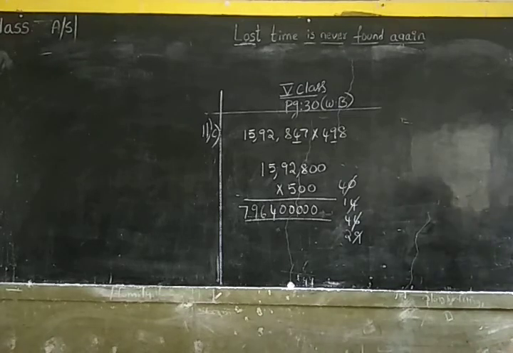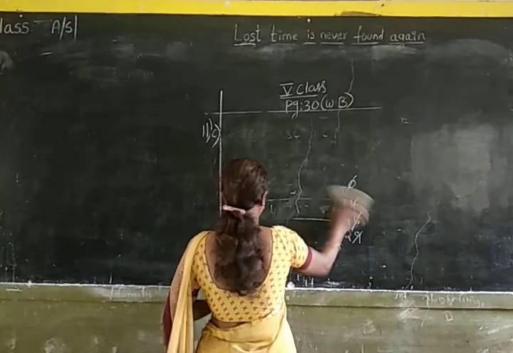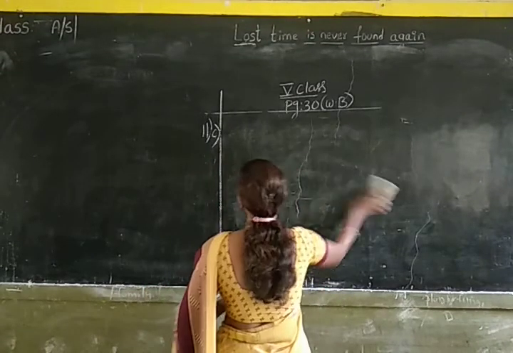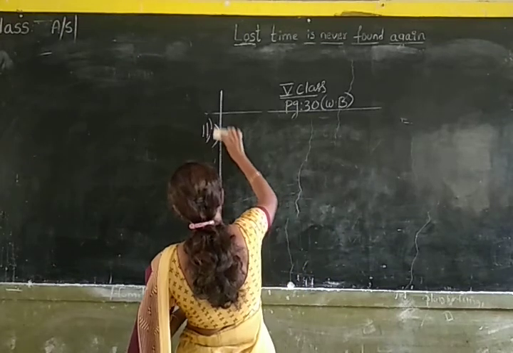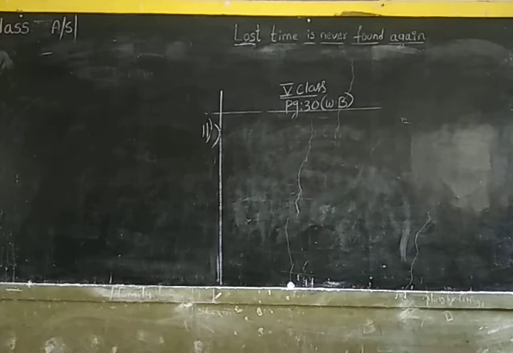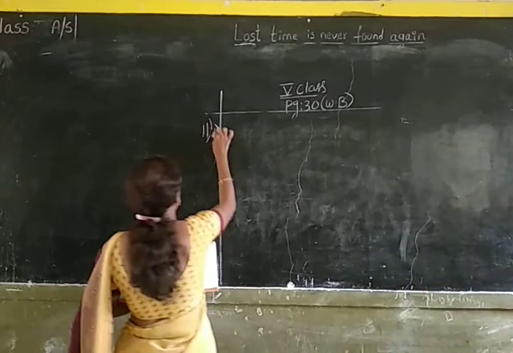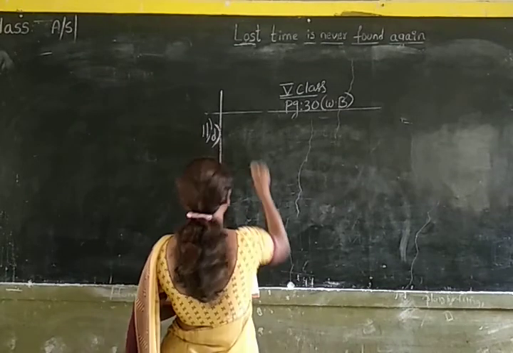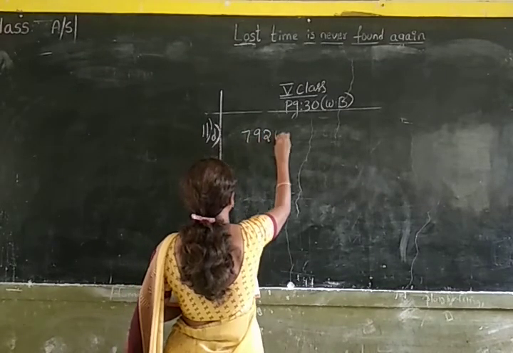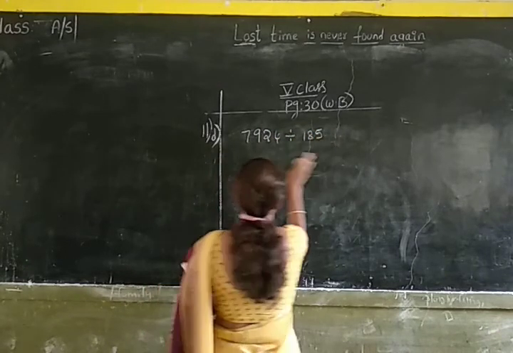Okay, now let us do the next sum, which is D sum. 7,924 divided by 185.